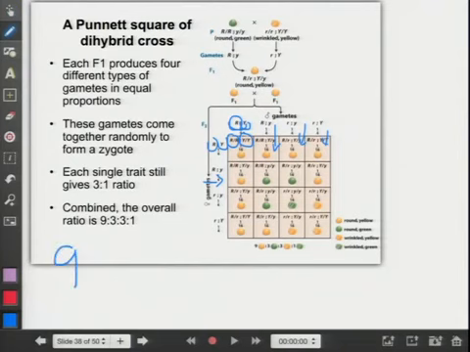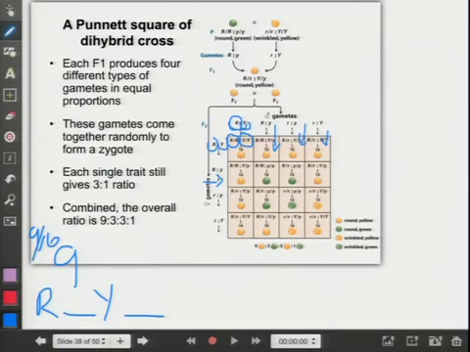To look round, you have to have at least one big R, and at least one big Y to be yellow. So the phenotype is round and yellow, and there are 9 of them. 9 out of how many is in this square? Yeah, 9 out of 16. And we'll just keep that in mind.